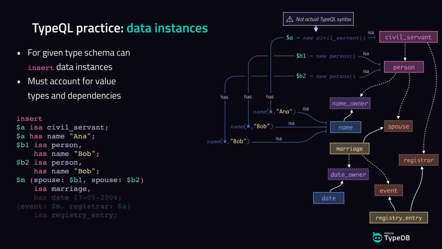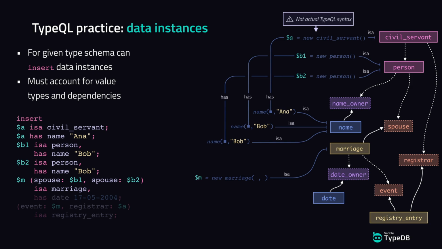The next line is a bit more interesting now. Here we want to create a marriage object. Maybe you can focus on the is a marriage part first. That tries to create a new marriage object and then assigns it to the variable $m. But looking at the schema again, marriage is in fact a dependent type. So unlike the case of persons and civil servants, we can't just go ahead and create a marriage object freely.